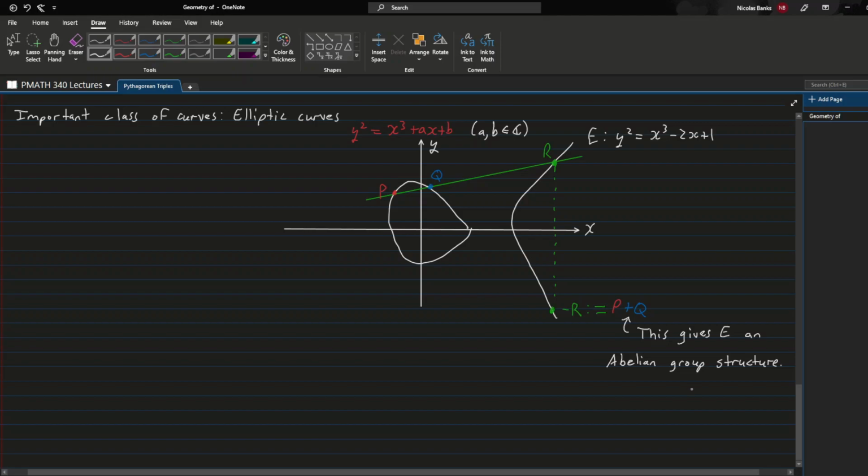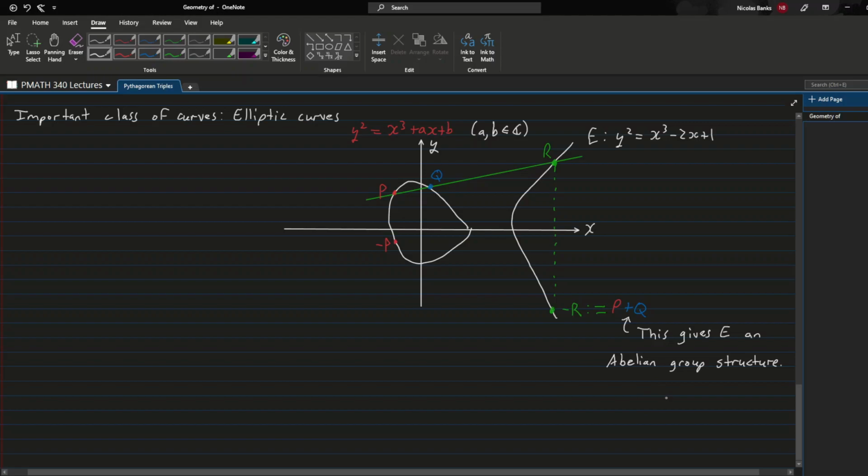So we have an identity element. It's associative. Each point has an inverse. Suggestive notation, the inverse of point P would be minus P. We just reflect it, so around there. Every point has an inverse, and it's commutative. That's why it's an abelian group.